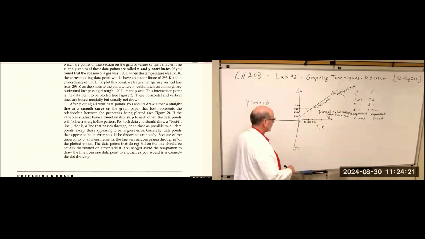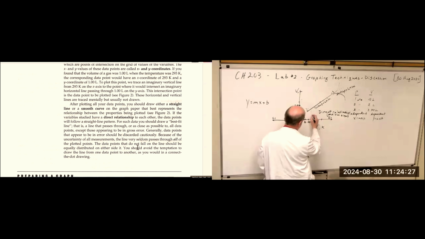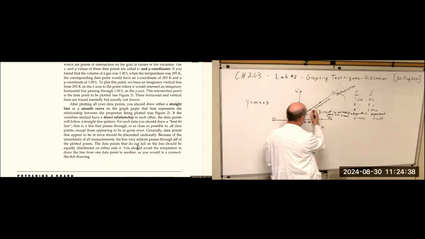Okay? How do you find the slope? The slope is, say you go from one point here to this point, and it doesn't have to be a measurement. You can pick it from your best fit curve. And you go over how much did it move on the x-axis and how much did it move on the y-axis.